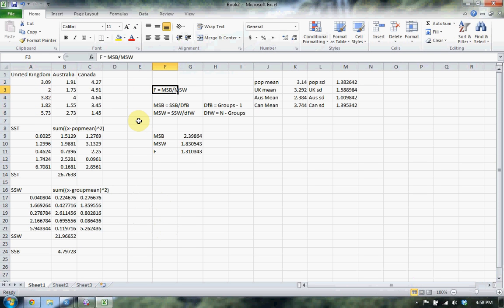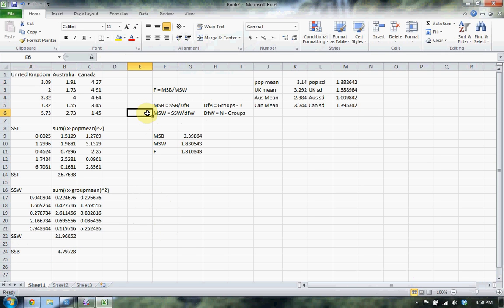And this is calculated very simply. For the mean square between groups, we need the sum of squares between groups divided by the degrees of freedom between groups.